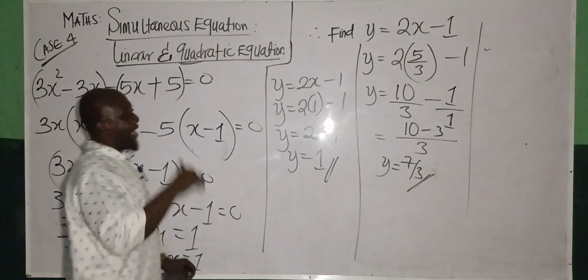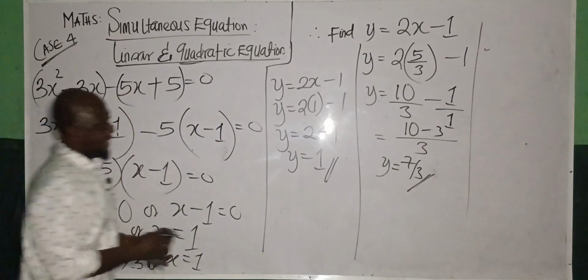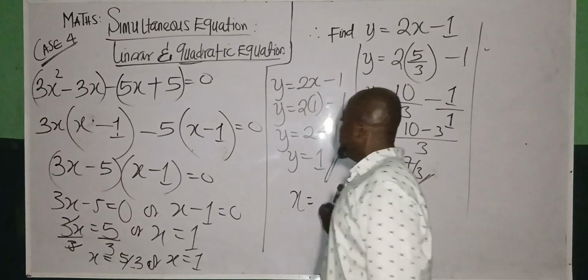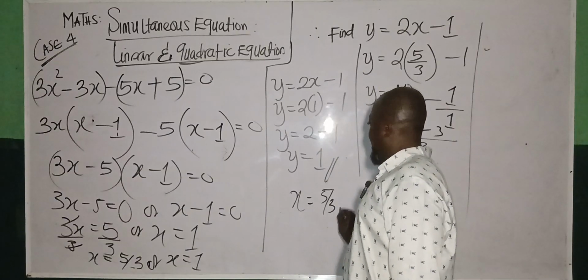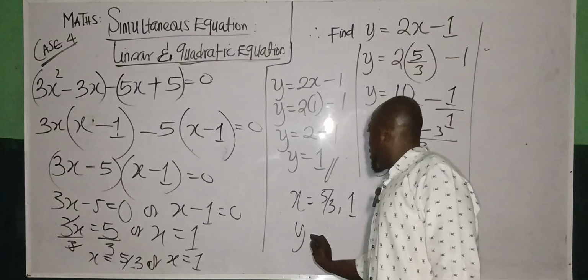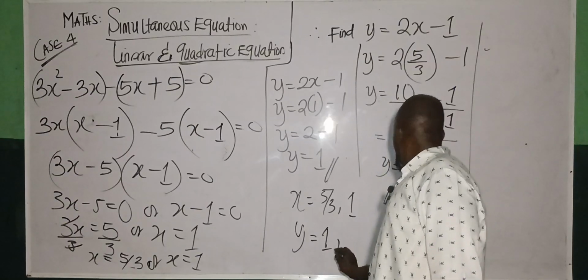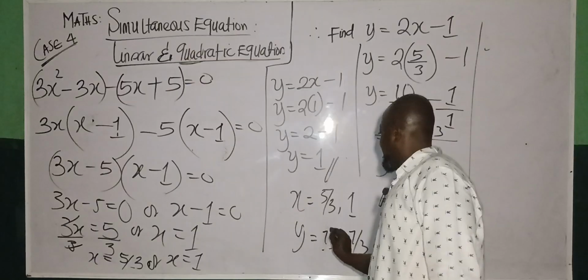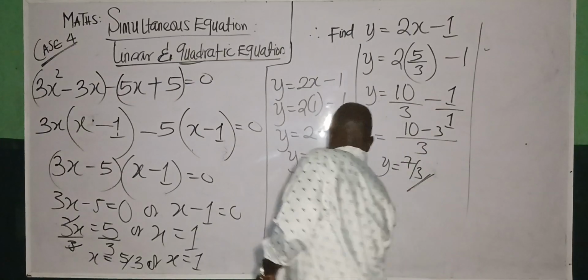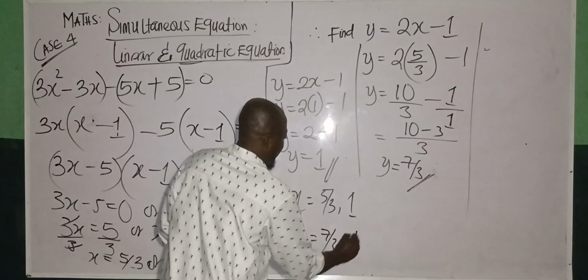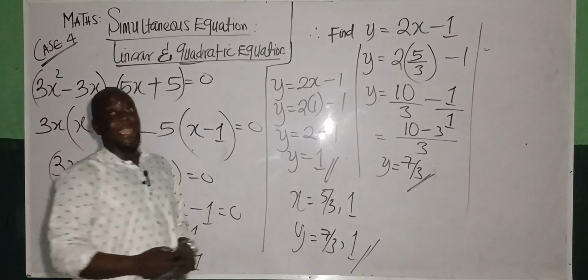So I have the values of x and the values of y here. So we can now bring them together if you like. So x becomes 5 over 3, comma y is 7 over 3, or x is 1, comma y is 1. So these are the values of x and y.